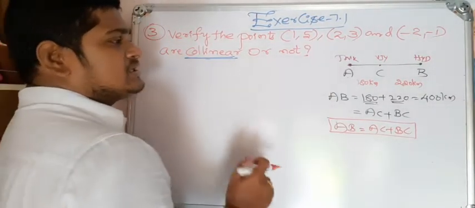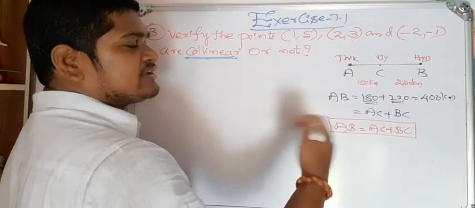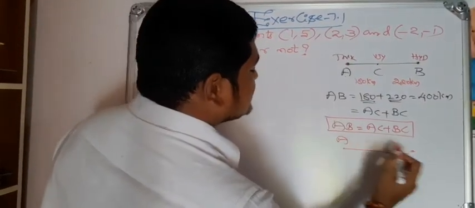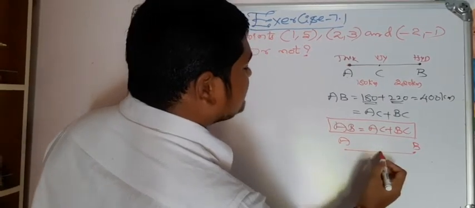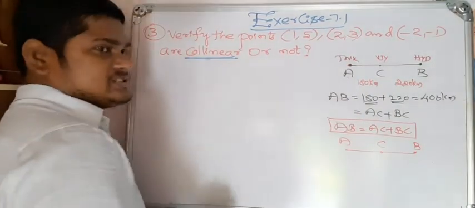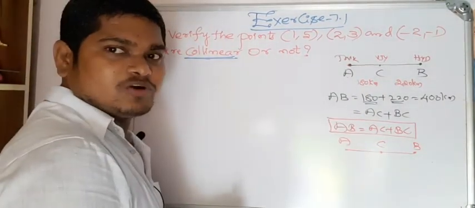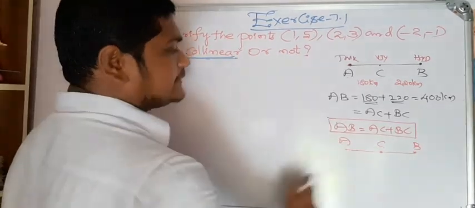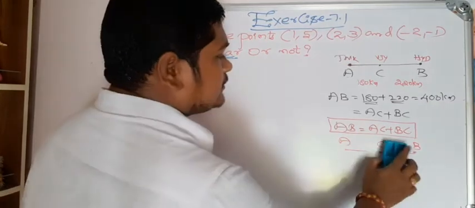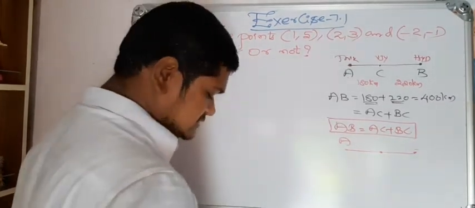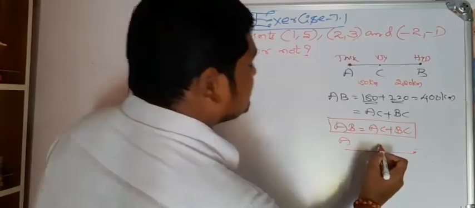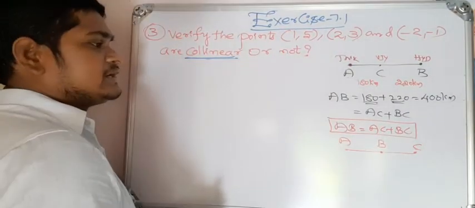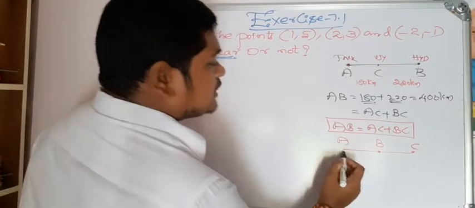In some cases the arrangement changes, and we have to work that out. Suppose we take this point as A and this point as B, and in between we take this point as C. Now we can guess about this. Again we start from A and B. Sorry, I will change this point as B and this point as C. Now what do we get? The total distance is AC.